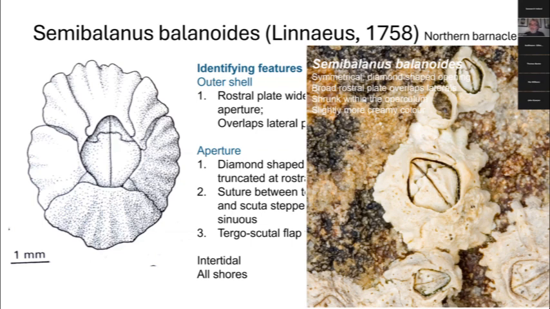In older animals the plates sort of merge, and it's difficult to see exactly where the joins are, so that characteristic of the rostral plate might not be so obvious in very old specimens. But the tergum and the scuta are sunken within the opening, and that can be quite characteristic of Semibalanus balanoides. I know Lynn has told me before that she thinks they have a slightly more creamy color on the shore than some of the other species.